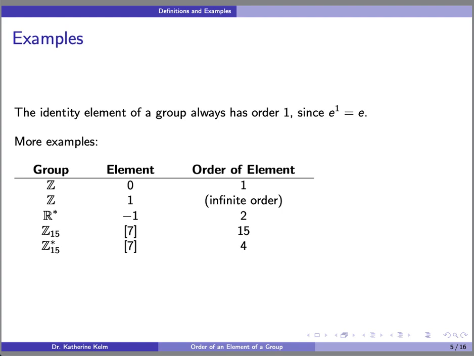On the other hand, the element 1 in Z has infinite order, because we can add 1 to itself any number of times, and we will never get 0. R star is a group under multiplication. This is the group of non-zero real numbers. The element -1 has order 2, since -1 to the 1 is certainly not equal to 1, but -1 to the 2 is equal to 1, which is the identity element of R star.